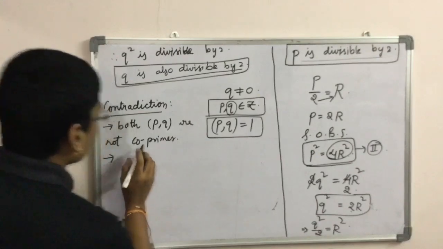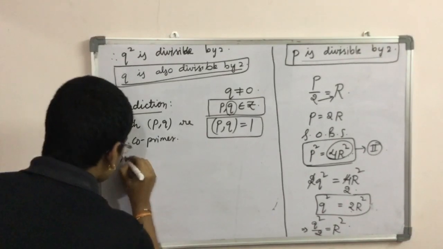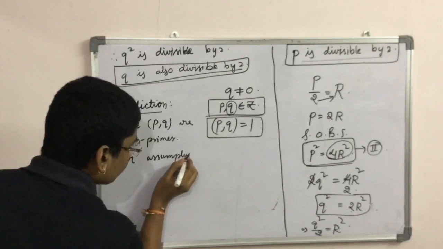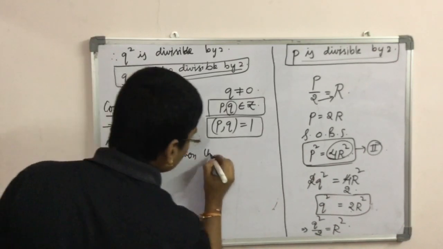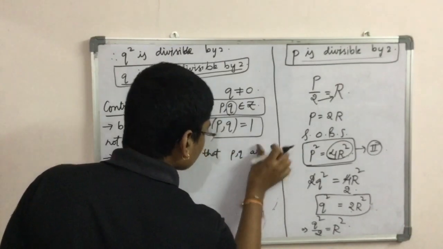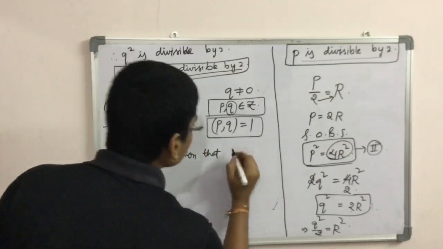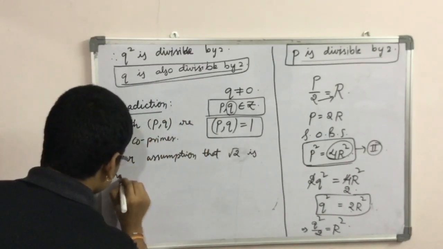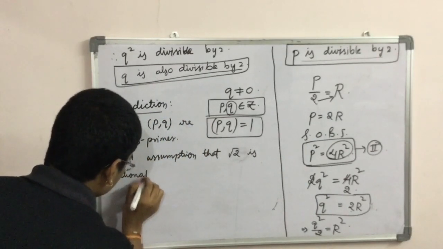So our assumption that root 2 is rational is wrong.